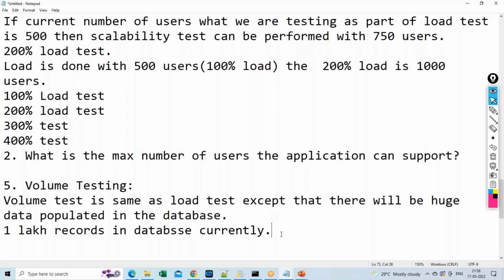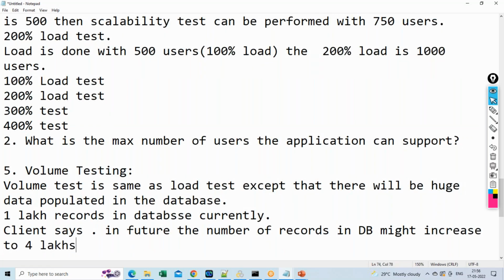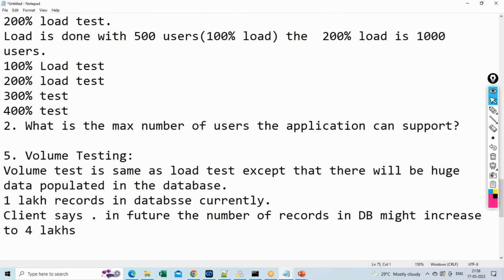So I will write here currently. Let's write like this. Client says in future the number of records in database might increase to 4 lakhs, let's say. So now what we have to do?